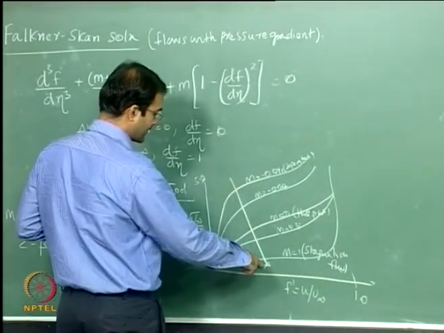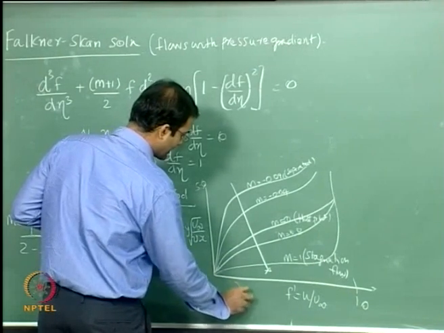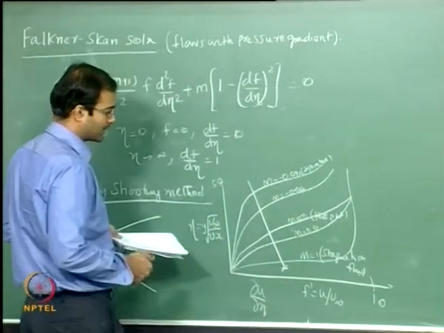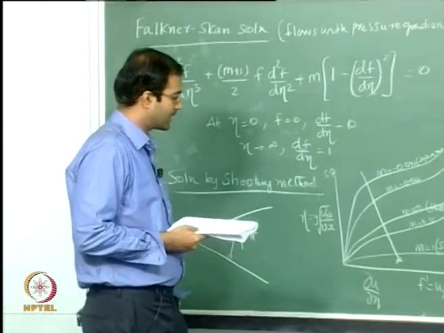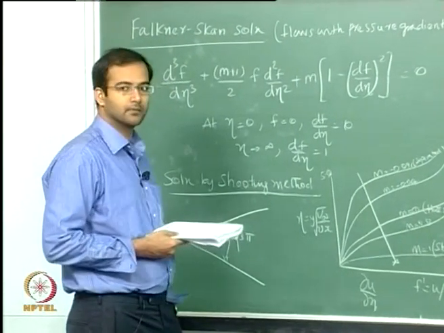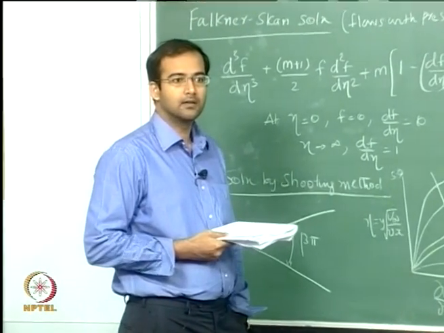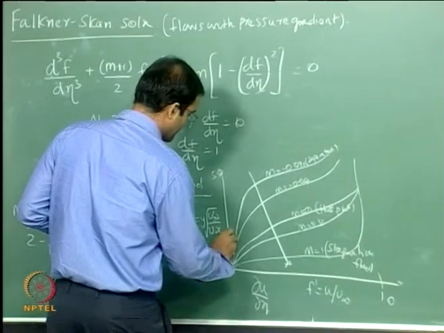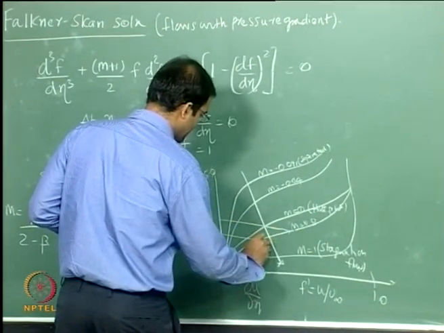So what is happening to the velocity gradients? If you want to calculate, say du by d eta, as you keep increasing your m, what is happening to du by d eta? It's smaller. Say this is my eta range.